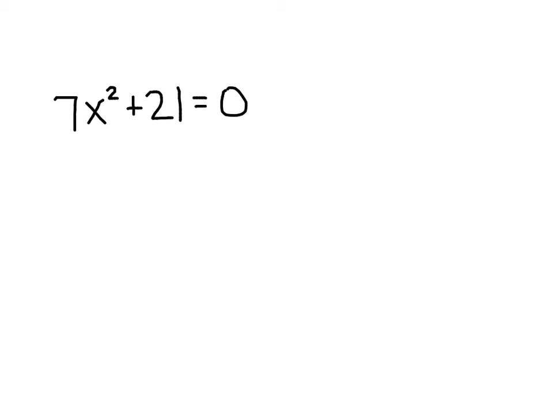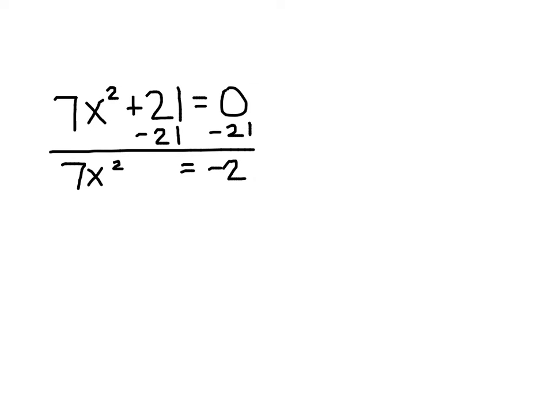When you're using square root, the first thing you want to do is get rid of any adding and subtracting. Is there any adding and subtracting to get rid of? Yeah. Minus 21 to both sides. So I have 7x squared equals negative 21. Then you want to get rid of the multiplying or dividing. So I'm going to divide everything by 7. X squared equals what?